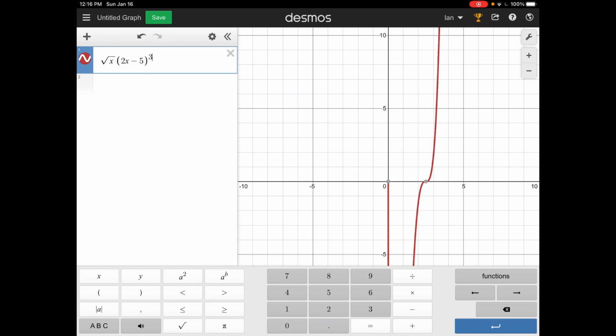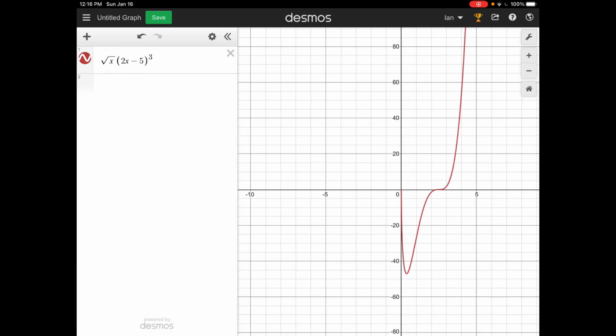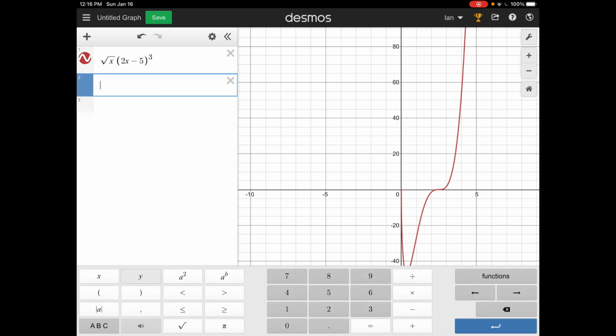So here's the function. You can see that it is really high at x equals 4, so I might change my scale. Maybe you do that by changing your settings on a GDC. It doesn't exist to the left of 0 because you can't square root a negative number. Let's put in the equation of that tangent that we found.